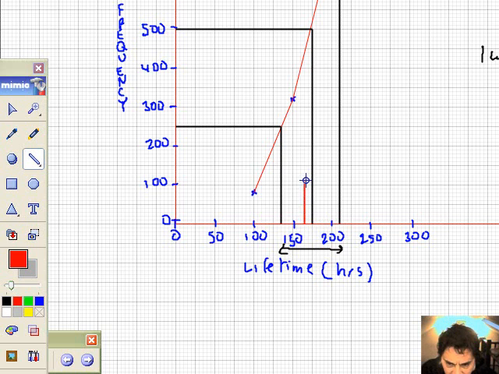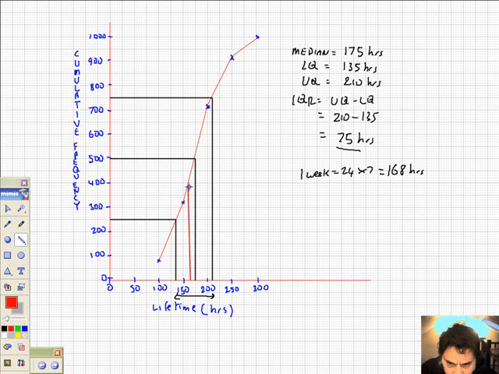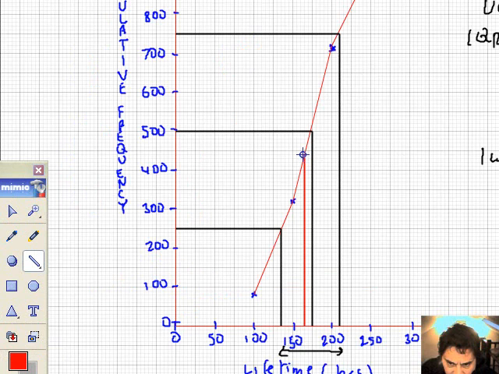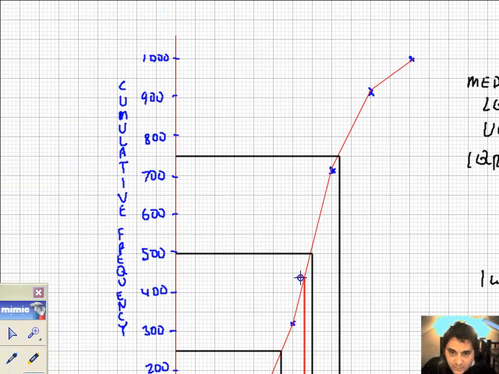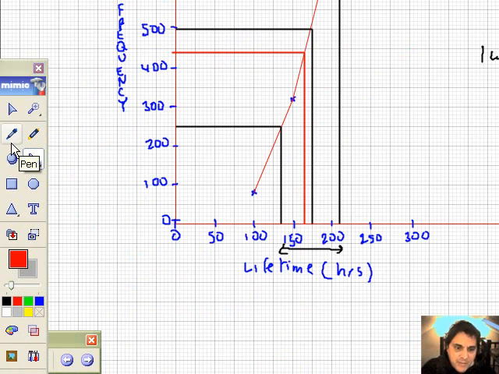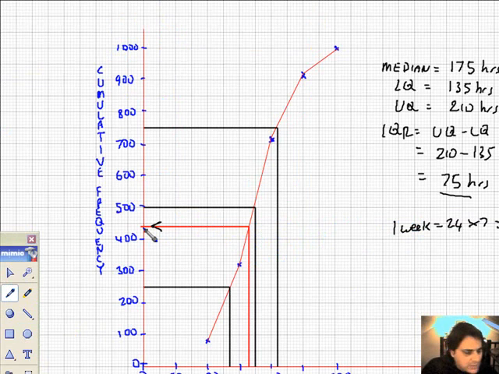Now I'm going to plant it about there. Take it as far as I can. Hit my line. Just study that. That's more like 170. That's the best you can do on this scale, and that's fine in an exam. You've got to work with what you've got. Let's turn left and read it right there. Study it carefully. That is 440. Well, I want to know how many lasted longer than 440.